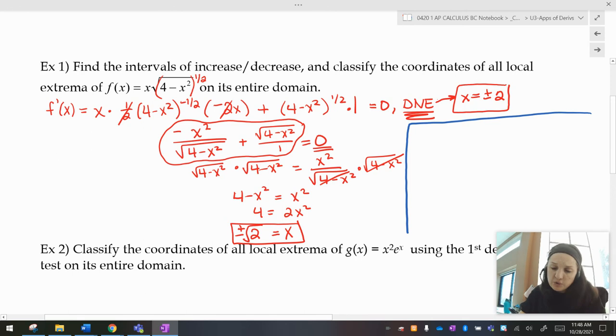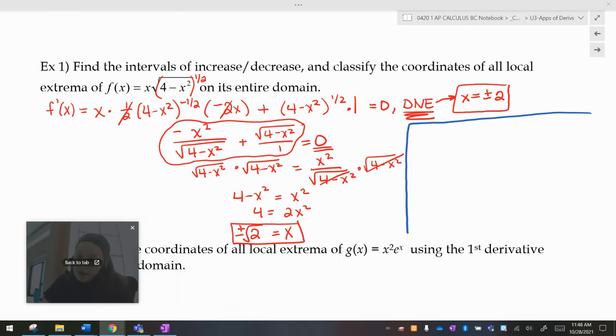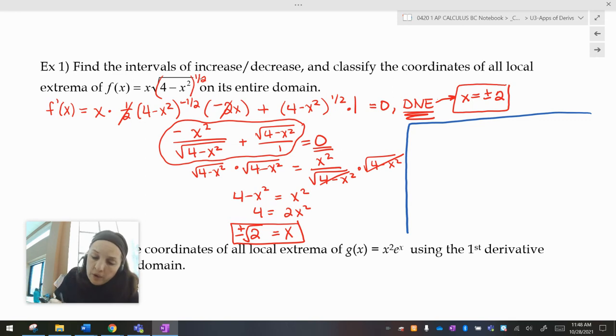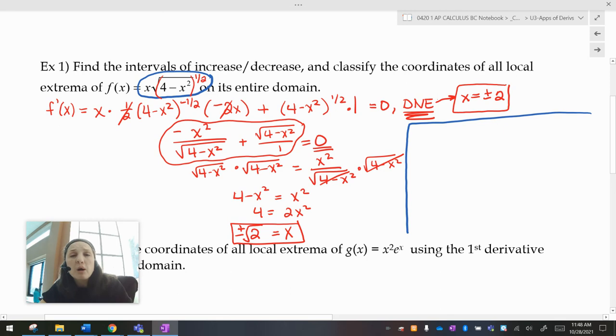So if I want to do that, I'm going to move my face over here. If I want to find my intervals of increase and decrease, what I would want to do here is think about my domain of the original. Well, the original, x isn't really a problem, but that square root of 4 minus x squared is. I need 4 minus x squared to be greater than or equal to 0.